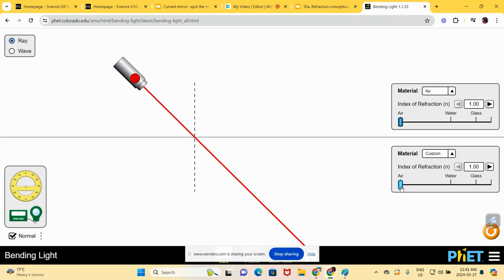However, I'm going to use the slider and you're going to make observations of how light refracts with respect to the normal in the second medium as light travels from air and is slowed down by the second material. So let's watch.